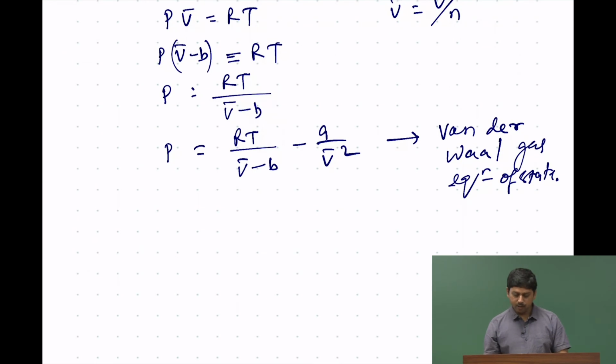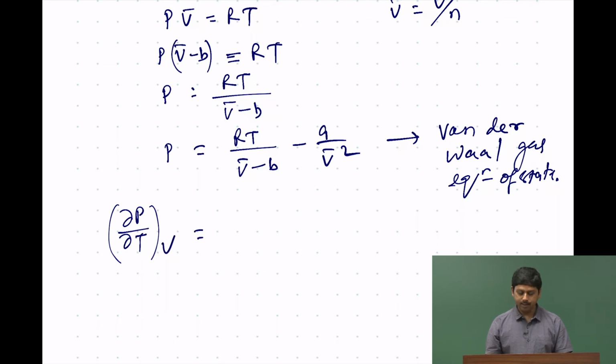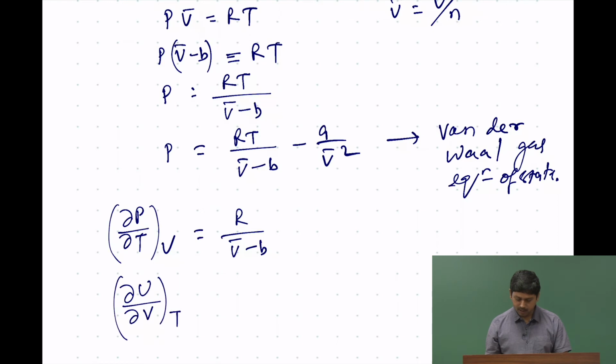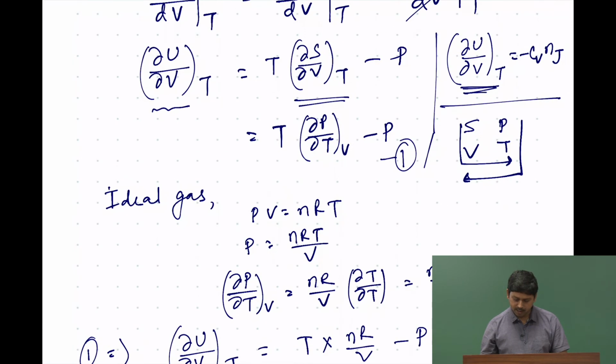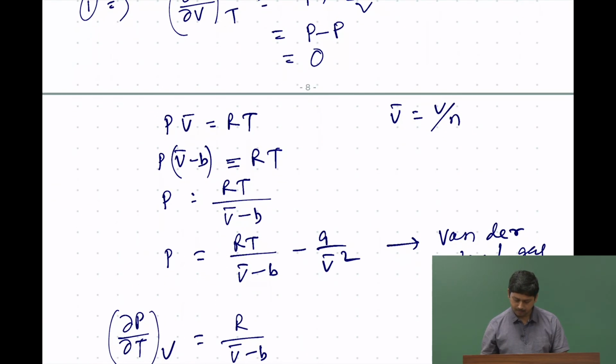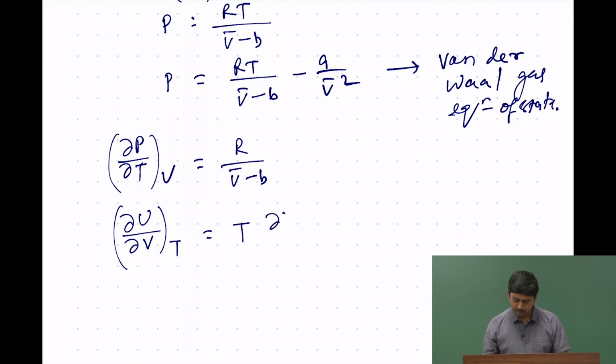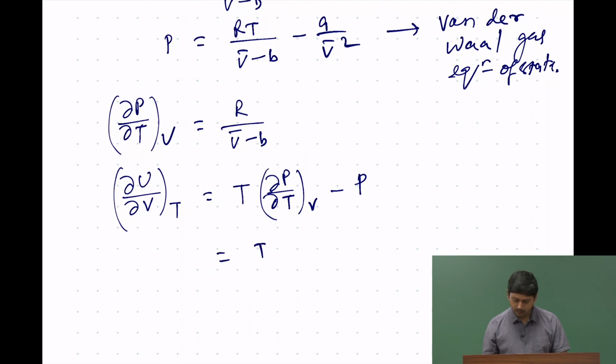Now, if we want to calculate this quantity, del P by del T at a constant V, what do we get? We get R by V minus B, that is it. So, del U by del V at a constant T is T del P by del T at constant V minus P. Now, T R by V minus B minus P, and we know what P is, right?